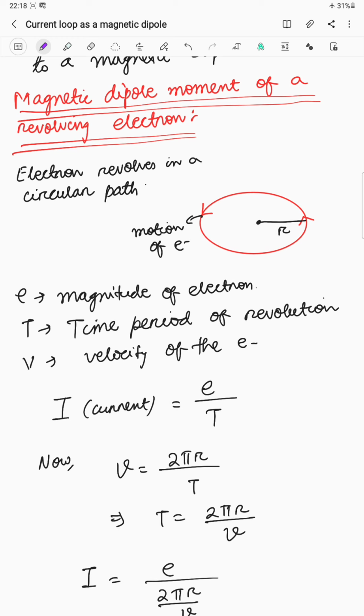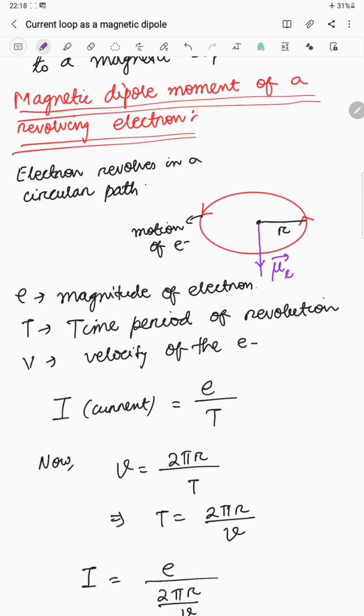But mu L depends on current, so the current direction will be clockwise. So you use your right hand thumb rule. Current will be in clockwise direction. Where is the thumb pointing? The thumb is pointed downwards. So mu L will be in downward direction. That will be the mu L vector.